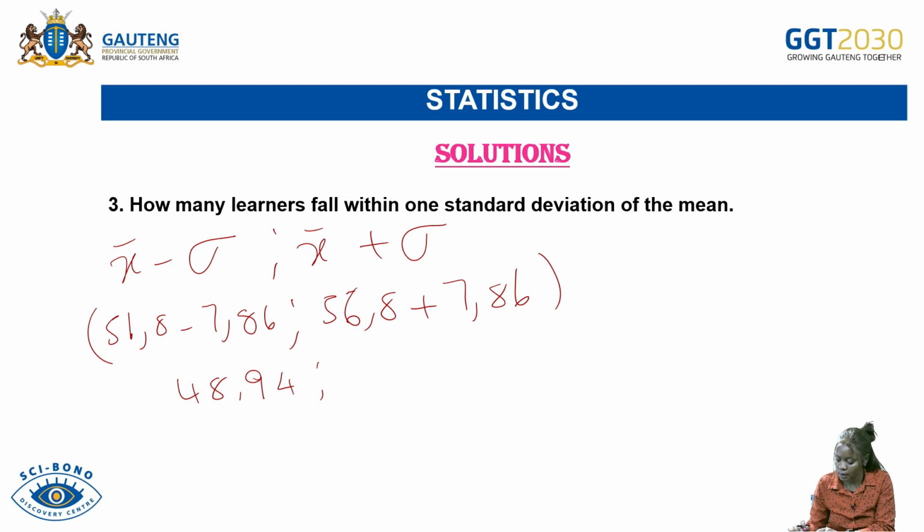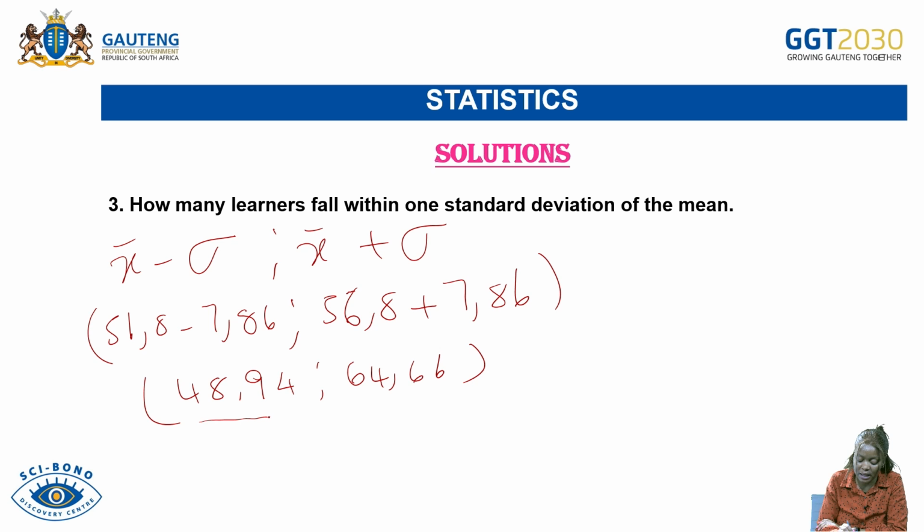And 56,8 plus 7,86, you will get 64,66. So the learners that are going to fall within one standard deviation of the mean are going to be between 48,94 and 64,66.